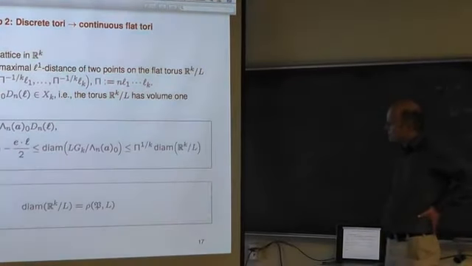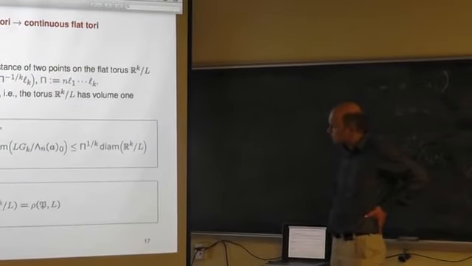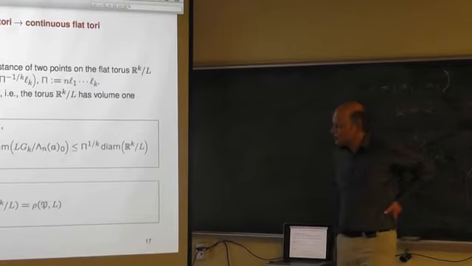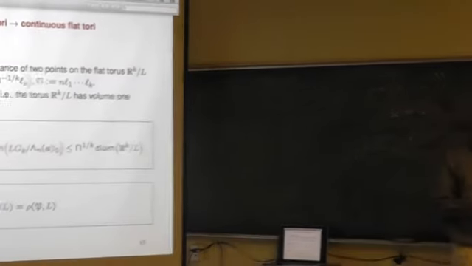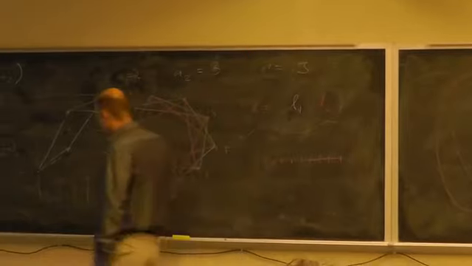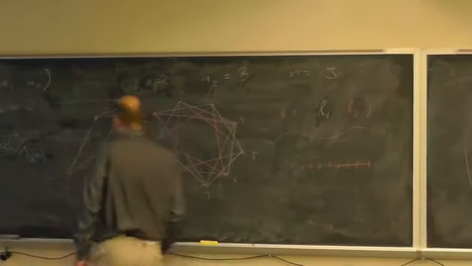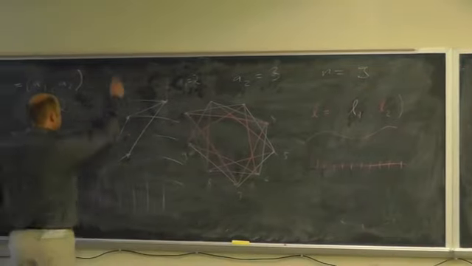Okay, so that's the first step. The second step is to approximate the diameters of these discrete tori by the diameters of the continuous tori. What's going on now is that you make this grid finer and finer.